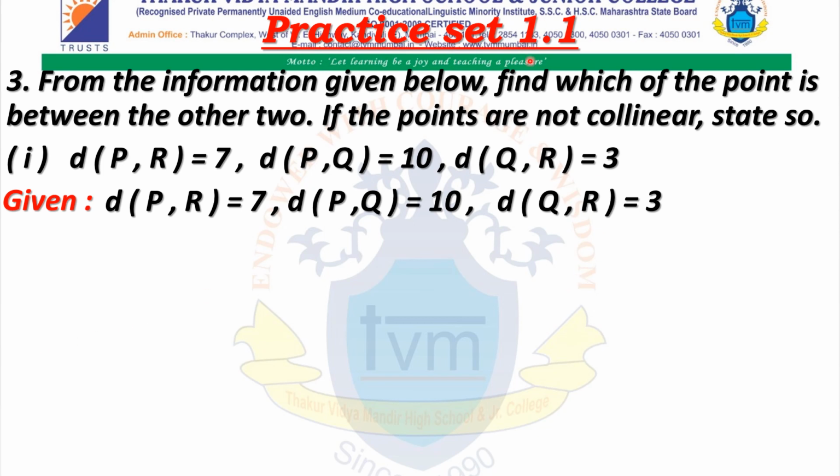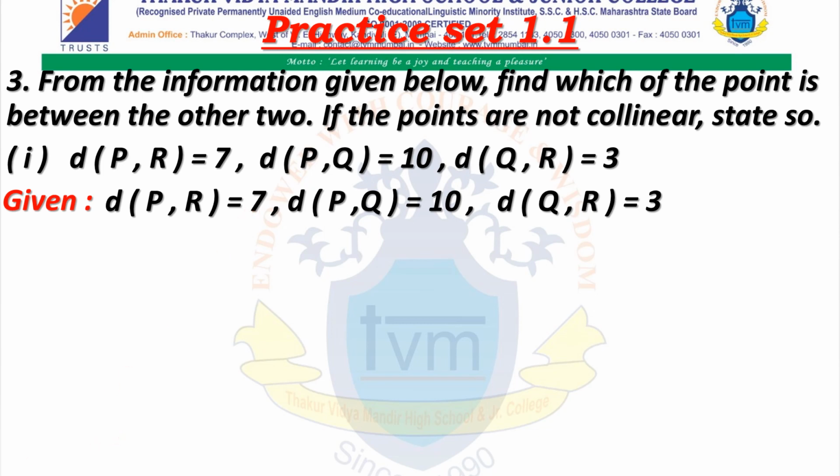Here we'll take the help of these three distances. Among these three distances, 7 and 3 are the smaller distances. So we will find the sum of the two smaller distances and compare it with the remaining distance, that is 10.